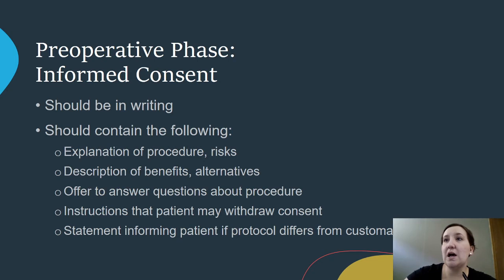Okay? If it is an emergent situation, you may not have a consent if we don't know who the patient is. I'm thinking like some of our gunshot wounds, our huge traumas. Obviously, those are kind of extenuating circumstances, but for everything else, we should have some sort of consent. Okay? And then there needs to be in there a statement informing the patient if what we are doing differs from the customary procedure.